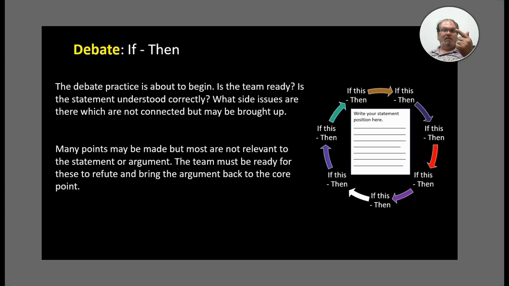Yes, no, no, yes, yes, no, no, yes. And do they match? And do the yes support? And focus on the statement. Sometimes you have an argument, but it's not related to that. Then you can see it, hear it, and discuss it in your group, in your class.